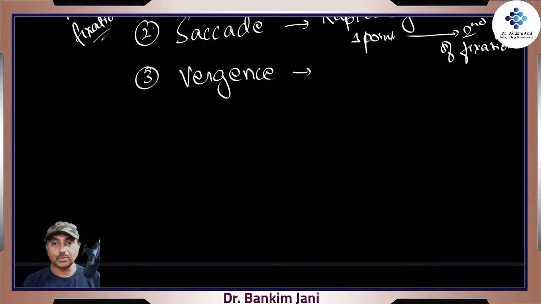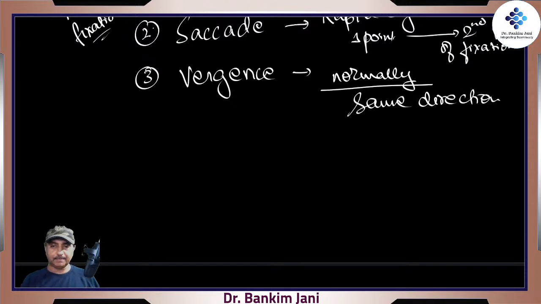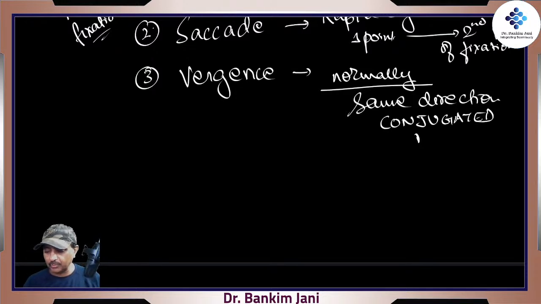Third type of movement is vergence, right? This means, say, normally these are our eyeballs, and they move like right, left, right, left. They move in the same direction. But for certain movements, this will vary. When they move in the same direction, that is called the conjugate movement.